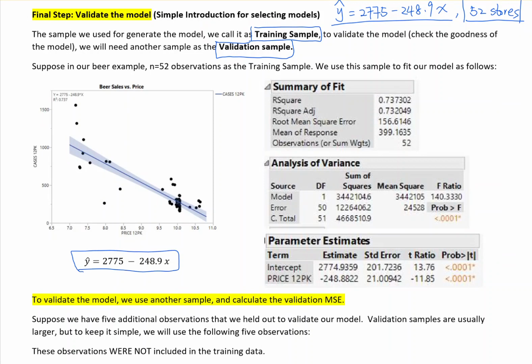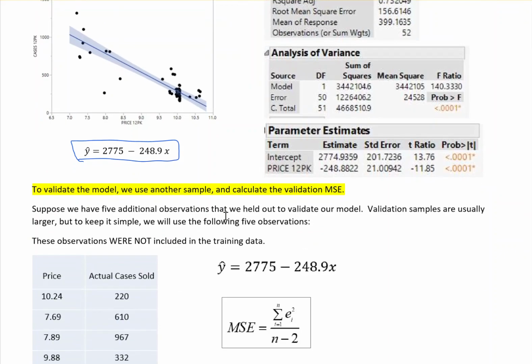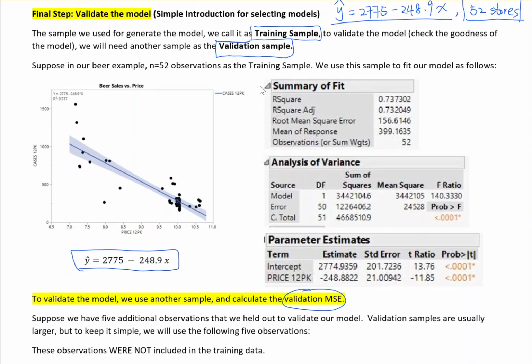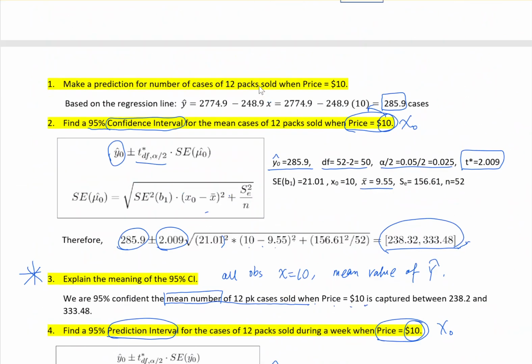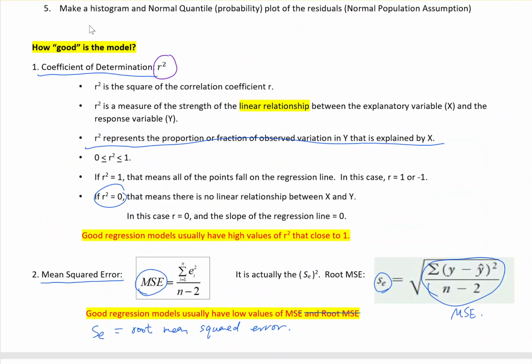We have the three tables. To validate the model, we need to use another sample to calculate what we call the validation MSE. Remember that in the last video, we said that to decide whether the model is a good model or not, we need to calculate the MSE.